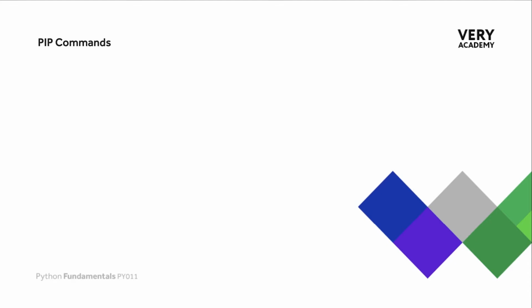Although there are many different commands that we can utilize with pip, here are four commands that are well worth taking note of. First of all, pip install. Ignore the dollar sign here, that just refers to the start of a new command line. So pip install and then the name of the actual application you want to install. Of course, you'll need to get that name from the Python Package Index.